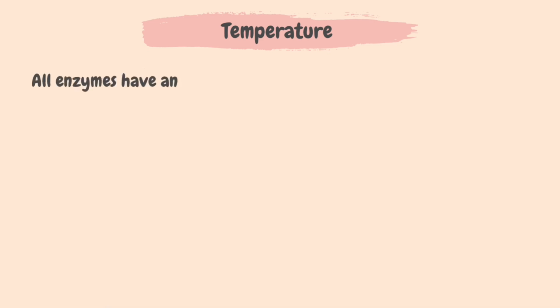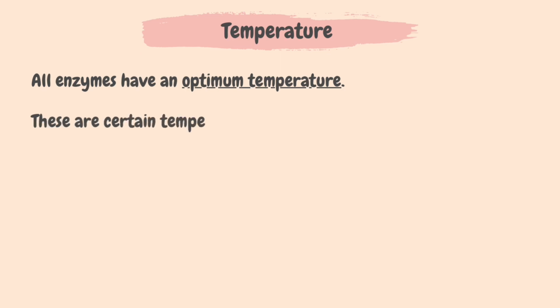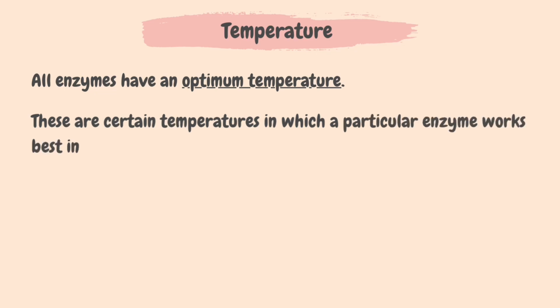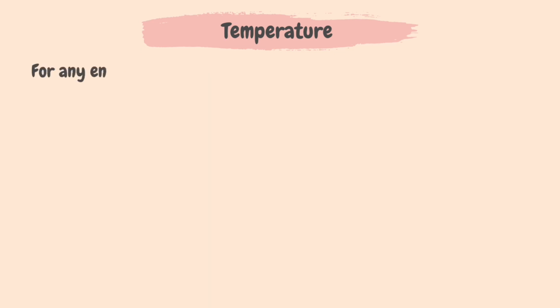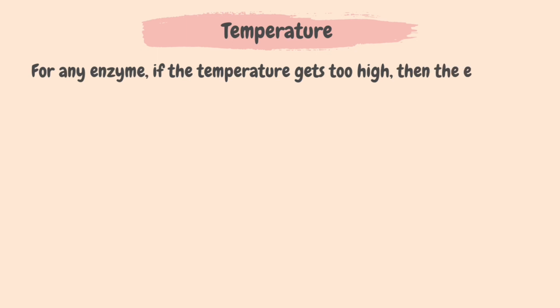All enzymes have an optimum temperature. These are certain temperatures in which a particular enzyme works best in, and it can vary between different enzymes. So different enzymes may work best in different temperatures. For any enzyme, if the temperature gets too high, it will get denatured.